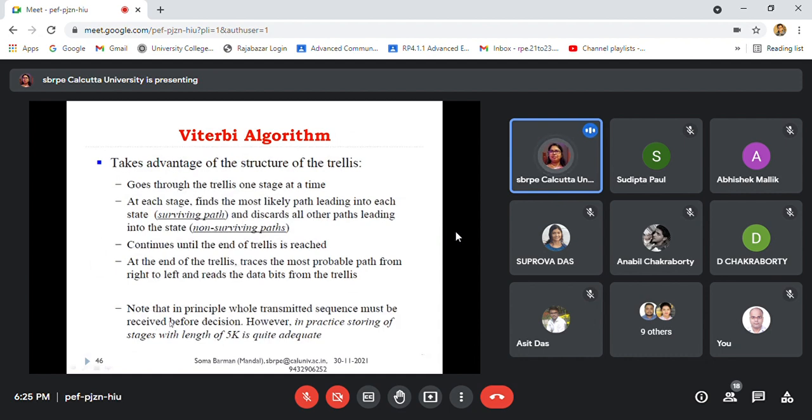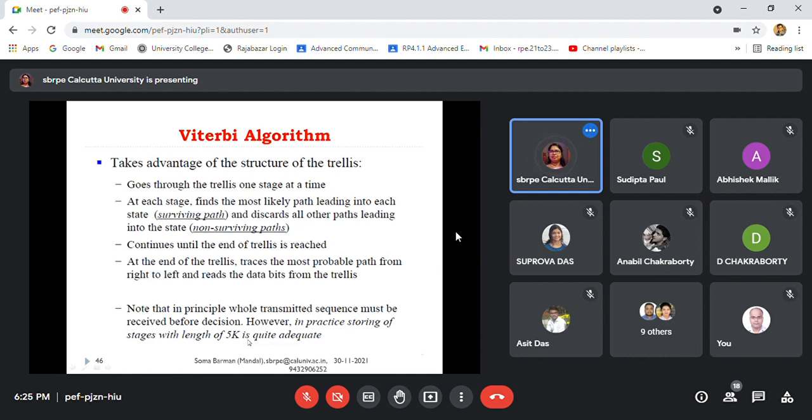Note that in principle the whole transmitted sequence must be received before decision. However, in practice, storing of a stage length of 5 is quite adequate. That means until and unless you receive the full length of the received code word, you cannot decode your information. This is the meaning of that.